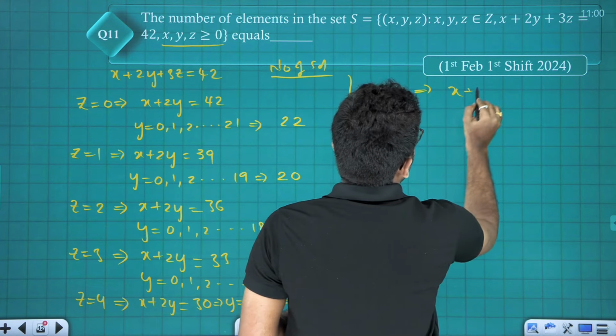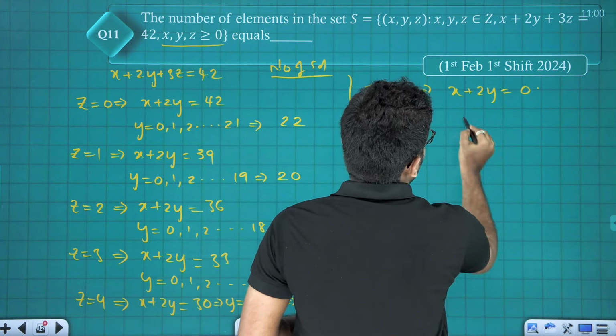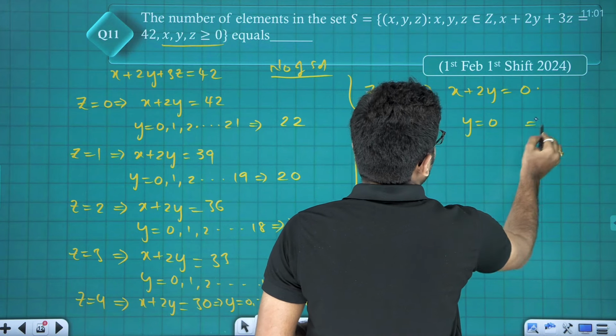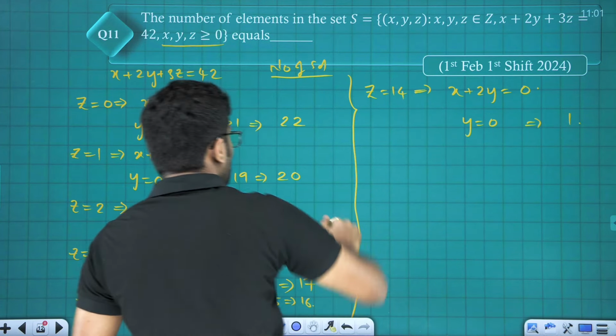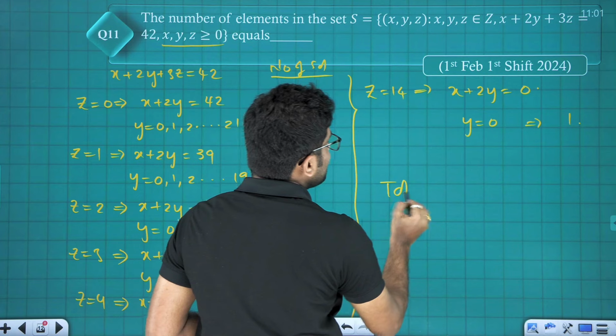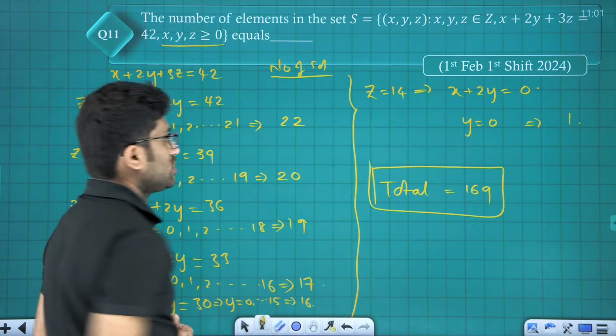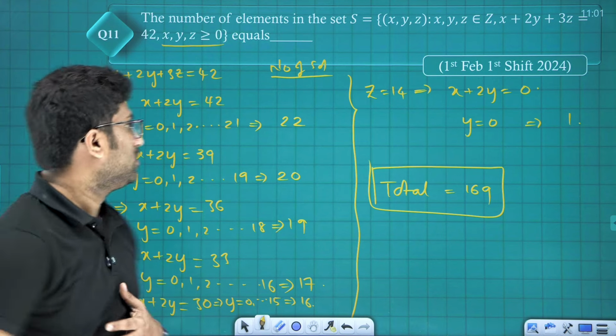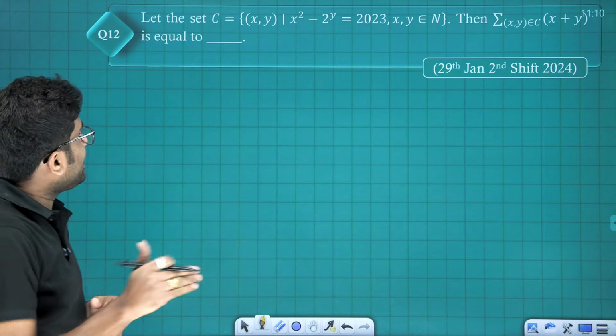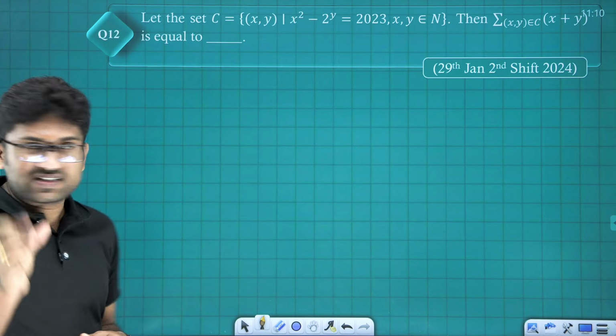X plus 2y is equal to 0. So that means y can take only 0. We get only one solution. From here to here we'll get total 169 solutions, friends. Total 169 solutions we get. Clear?